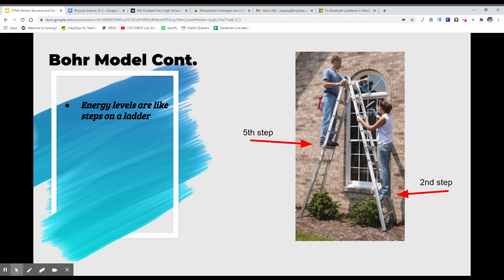Energy levels, or the rings or the orbitals, whatever you want to call them, are like steps on a ladder. If you jump off the second step of a ladder, there's not a lot of energy in there. But if you jumped off the fifth, you're going to have a little more energy to get up there, and when you come off, you're going to have more energy going down. So it takes more energy to keep those electrons further away from the nucleus.